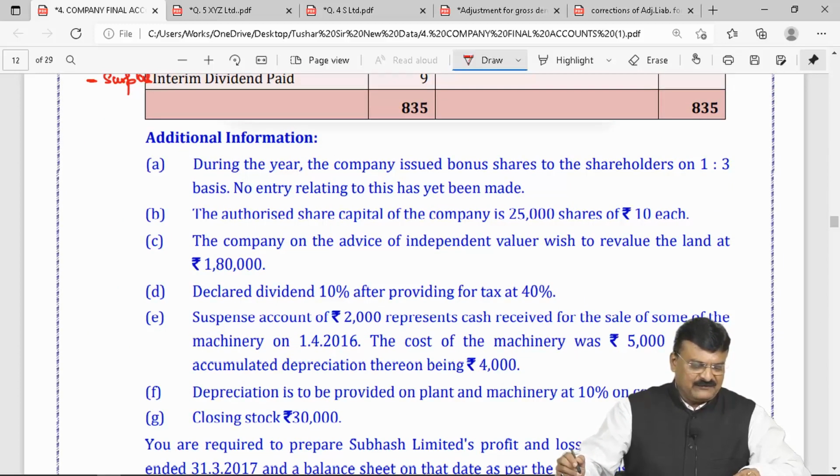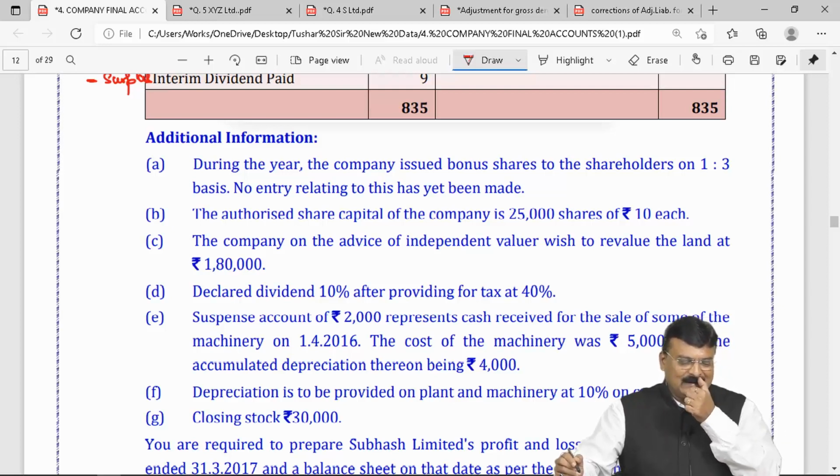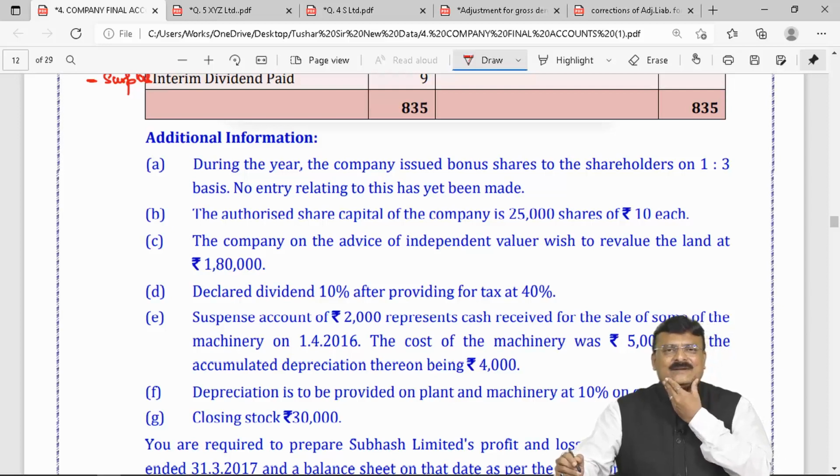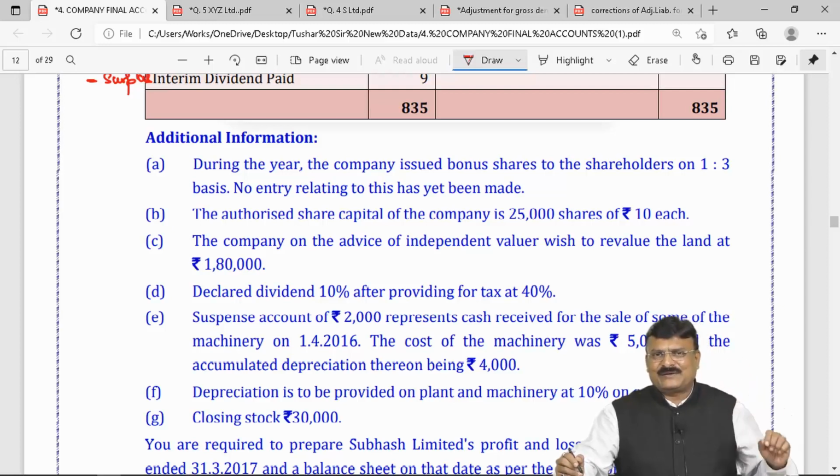During the year, company issued a bonus share to shareholders on 1:3 basis. No entry relating to this has been passed. So when you give effect of bonus, first effect add to share capital, and second effect is fully paid bonus shares issued, section 63 of the Companies Act, less from reserves and surplus.